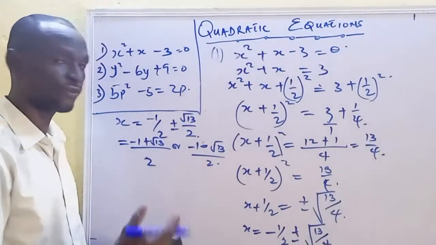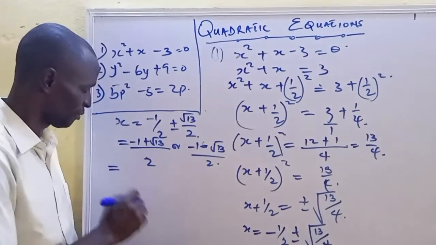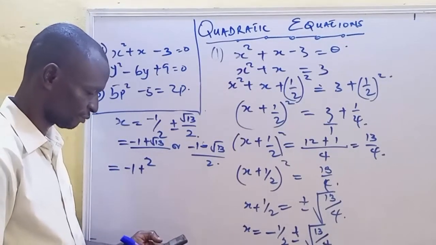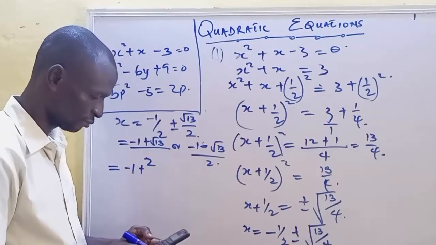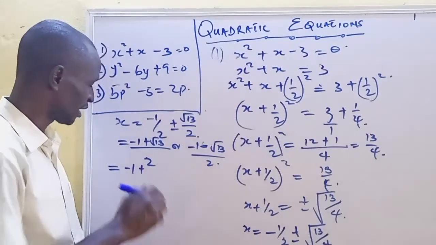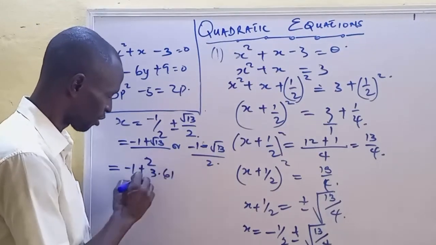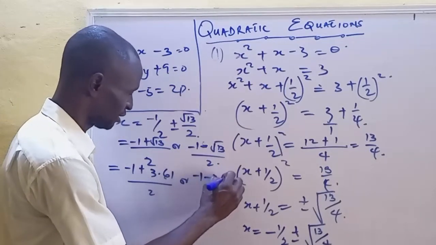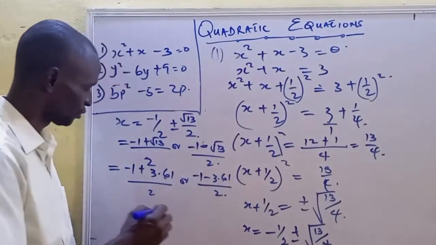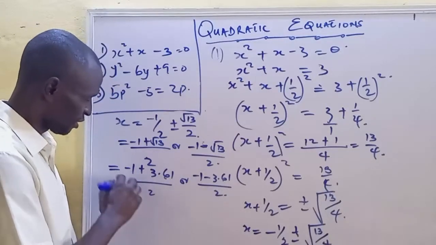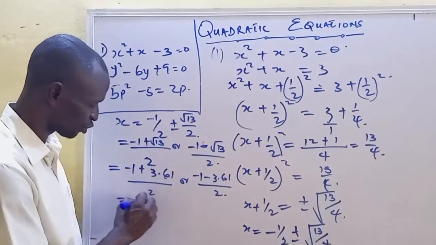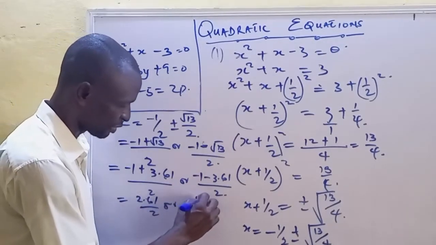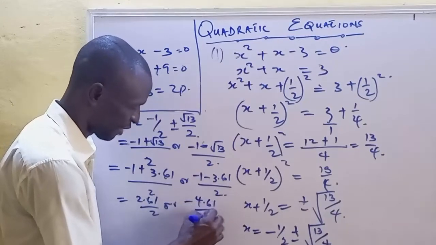But you can take it further. Root 13 is 3.61. So x is minus 1 plus 3.61 over 2, that's 2.61 over 2, or minus 4.61 over 2.